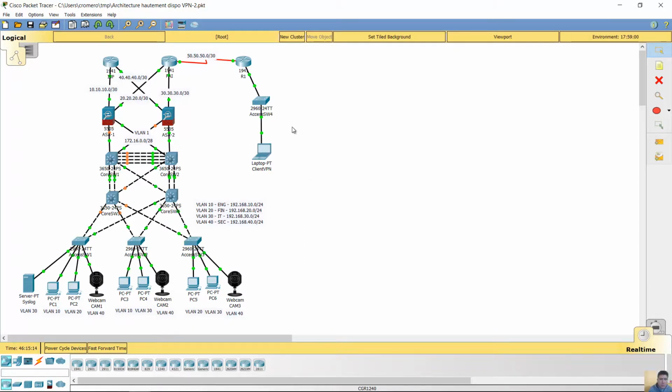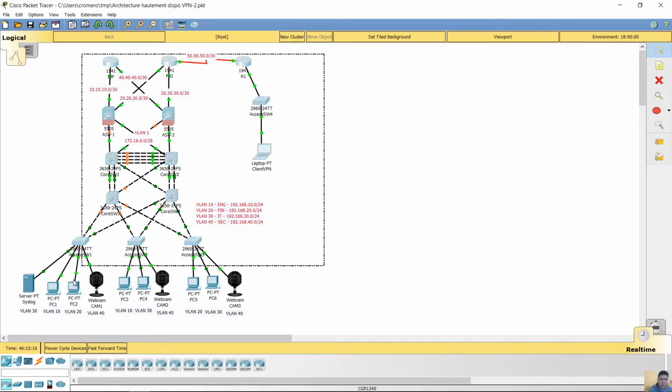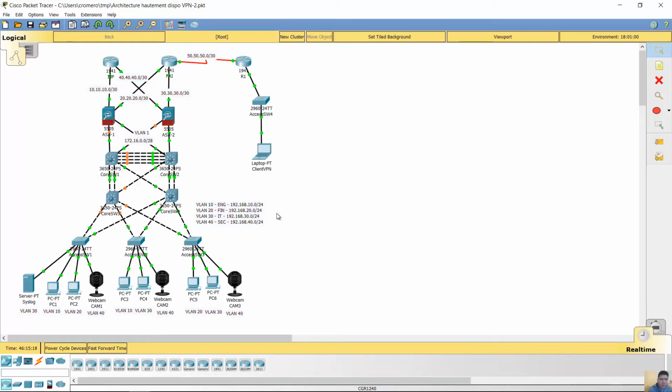This is the topology. This is the local network. The two ASA are the border, the boundary, and ISP is the internet service provider.